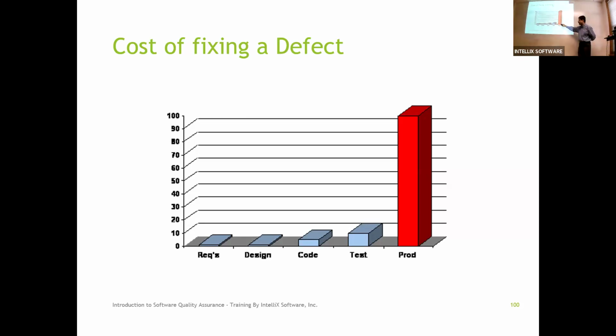This jump is significant because once it goes into production, now you have to worry about reputation risk. Let's say I'm a bank and I release new software that enables people to move money from one account to another account. The defect is that it took the money out of one account but didn't deposit it in the other account.